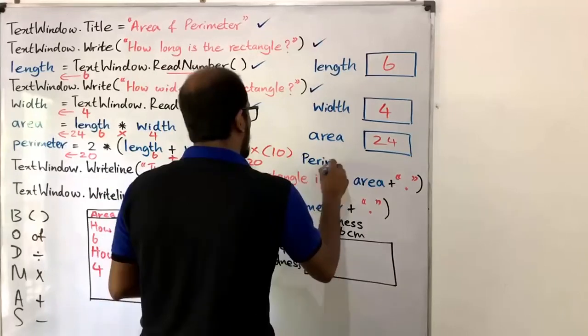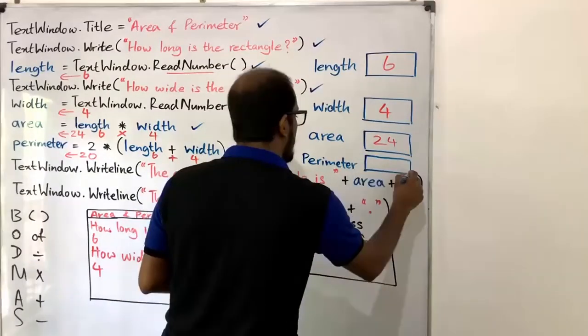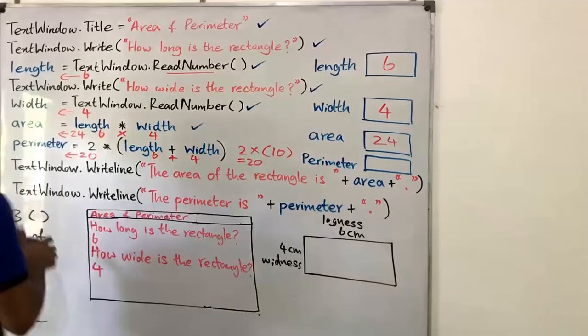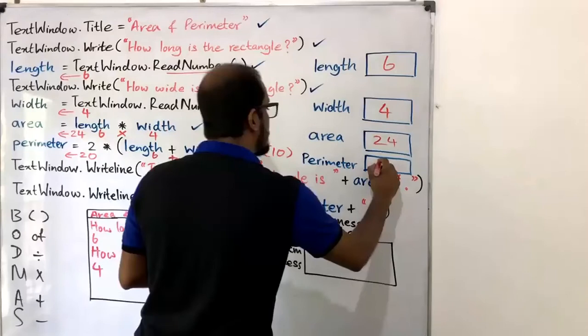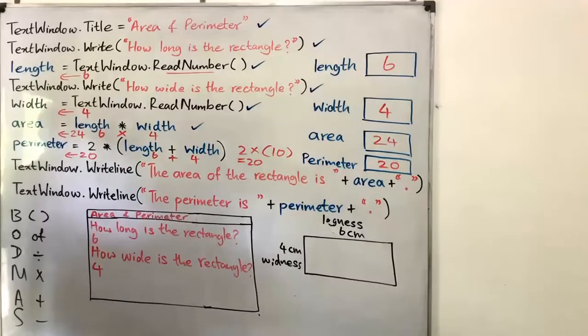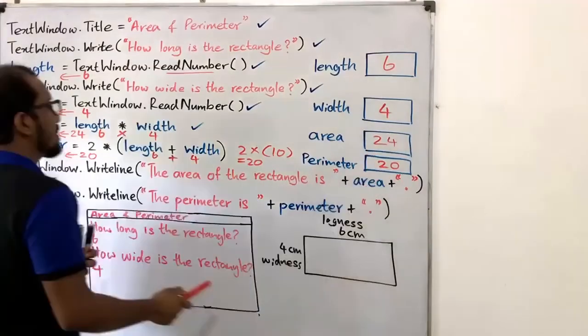It means another memory space is created, a new one, under the name perimeter, and this value, the 20, is stored in that memory space. So the area and perimeter are calculated by using these statements. Now this is also finished.